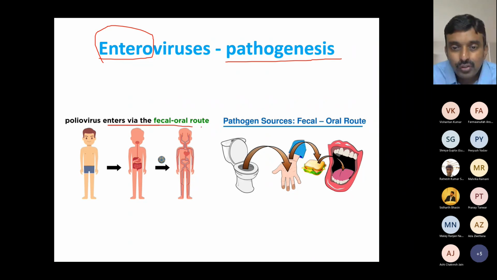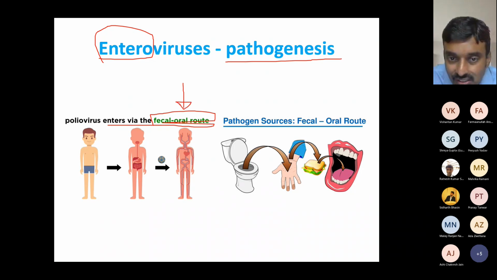So this route, for those of you who are not familiar with this term, I'll explain it to you. Most diarrhea causing viruses, and pretty much all the enteroviruses, enter through this route called the fecal-oral route. Why is it called the fecal-oral route? An infected individual will shed the virus in his or her feces, and then that can contaminate hands, and that can contaminate food or water.